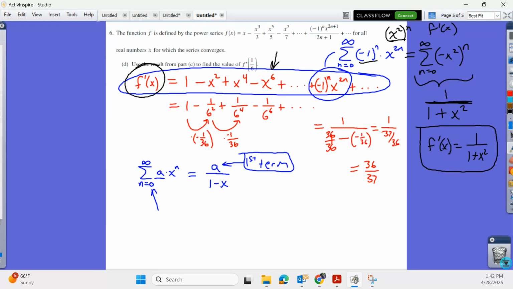Maybe you knew that f was the inverse tangent infinite series, and so this one is the derivative of that, which is the derivative of inverse tangent, 1 over 1 plus x squared. If you know those, it can make it easier. You could have said, well, f of x is arctangent of x, and so f prime of x is 1 over 1 plus x squared, and you get there that way. And that works. All right.